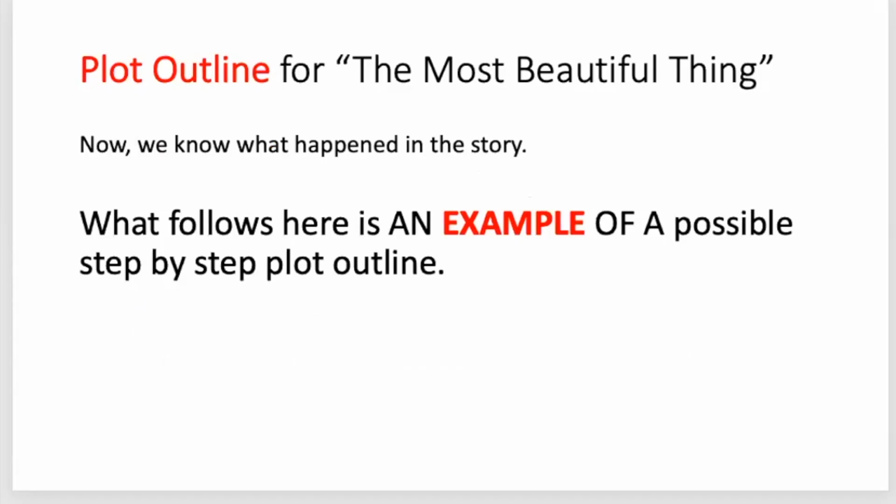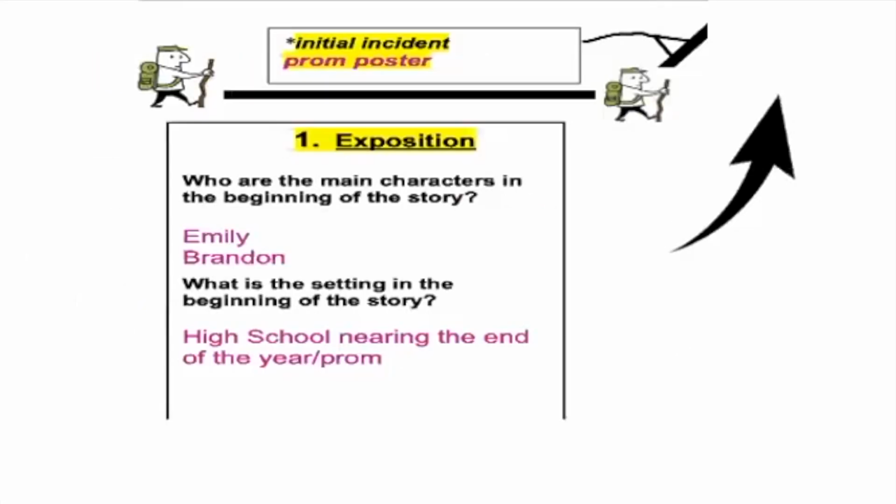And so I've just scribbled out an example for you of what I would use to fill out this plot. You don't need to copy it down, if you want you can, but it's mainly just to illustrate what you need to understand. So starting here, I say, what's the setting? High school. Prom. Grade 12. Who are the main characters?